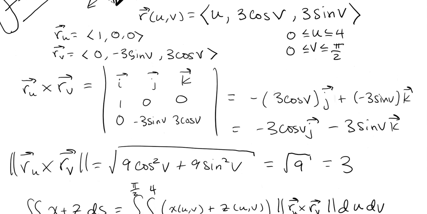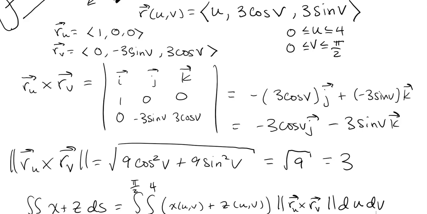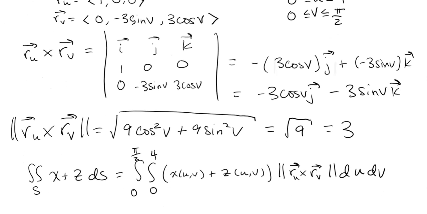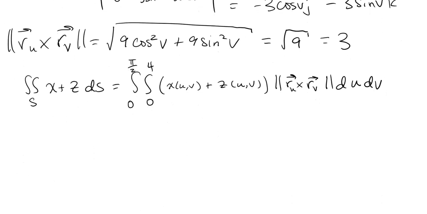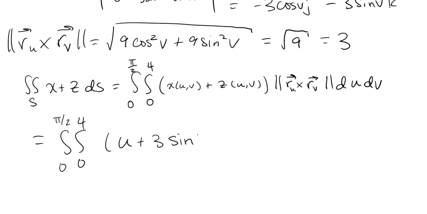So up top what we saw was the x component is u, and then the z component is 3 sine v. So we're going to end up with the double integral, 0 to 4 on the inside, 0 to pi over 2 on the outside. We'll have u plus 3 sine v, all times that magnitude, which was just 3.